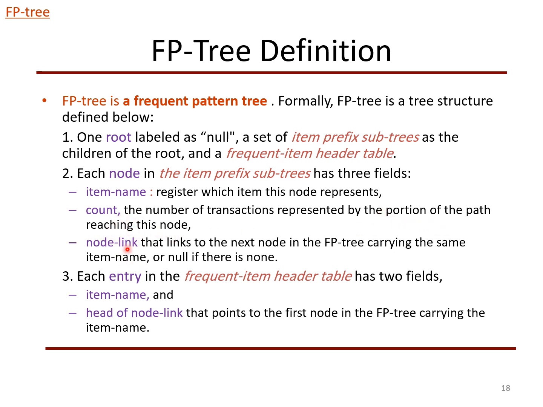And we have the node links, which are the arrows that link between the node and other nodes. Each entry in the frequent item header table has the item name and the head of the node link. The head of the node link actually points to the first node in the FP tree that carries this item name. And we will see these in a minute in the following tables.